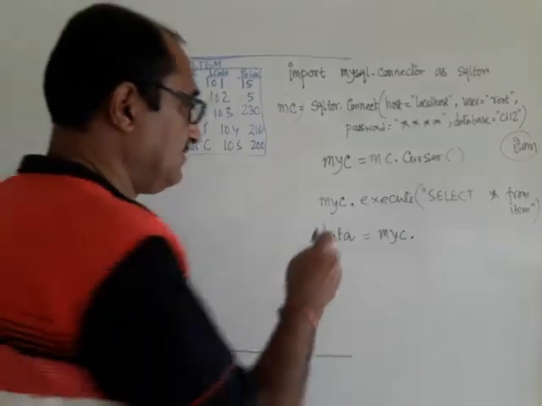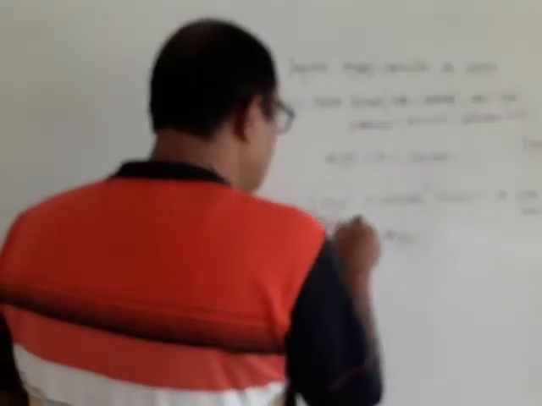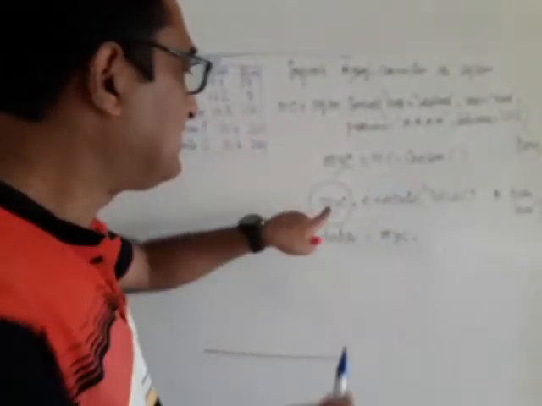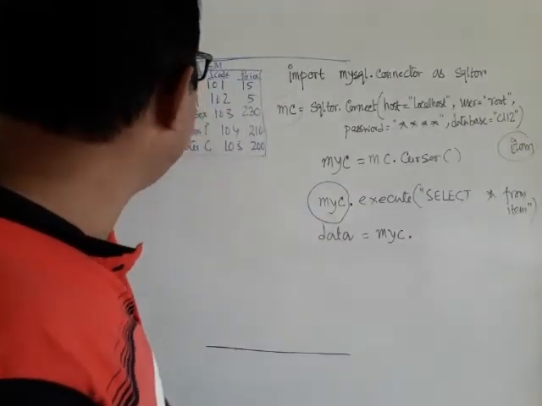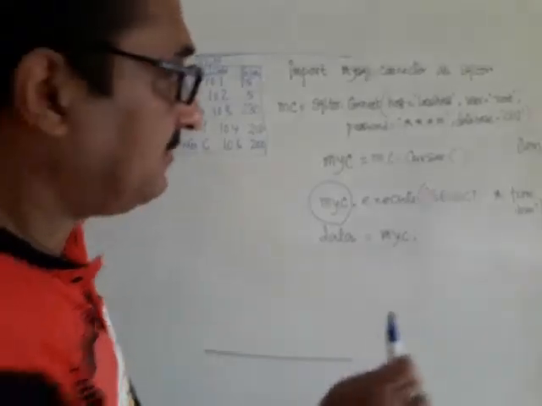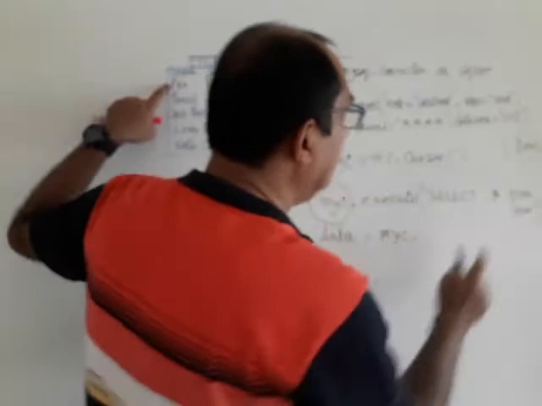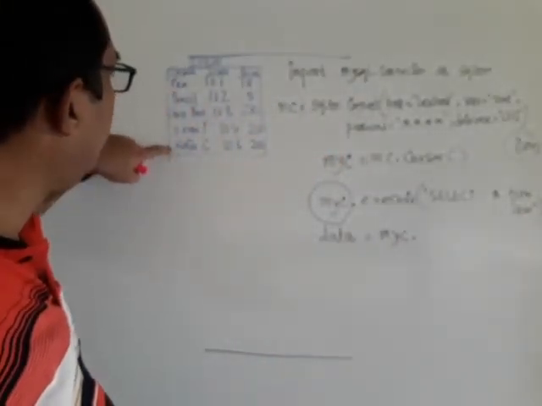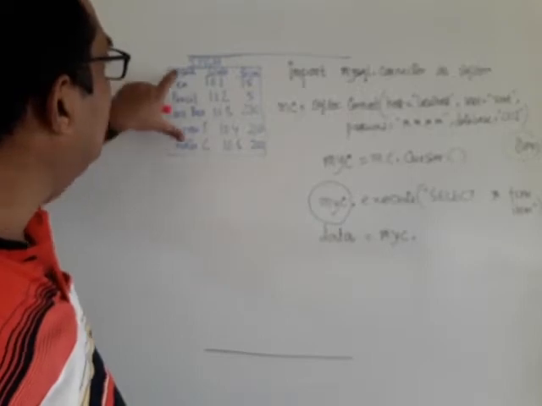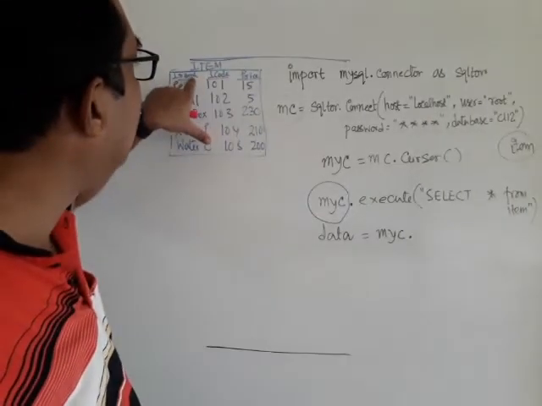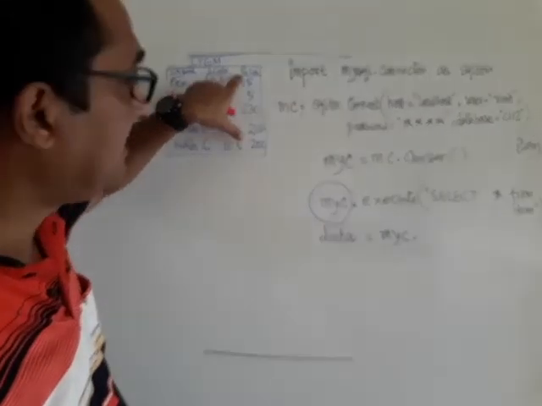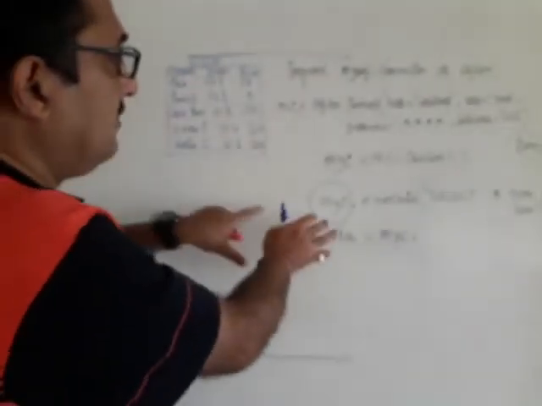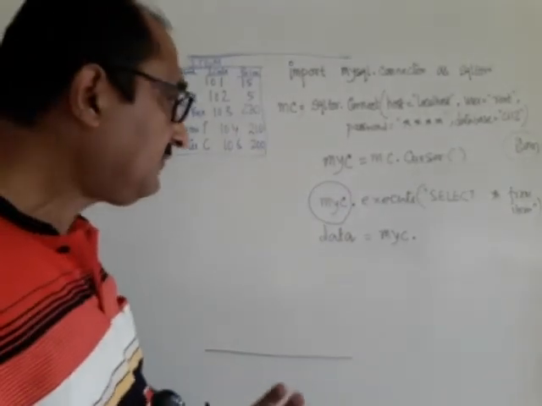The result set is basically, say this is my item table and I am accessing all the data from items. Say we have 5 records in the item table placed under 3 fields: item name, item code, item price. So this entire set will be there in MyC.